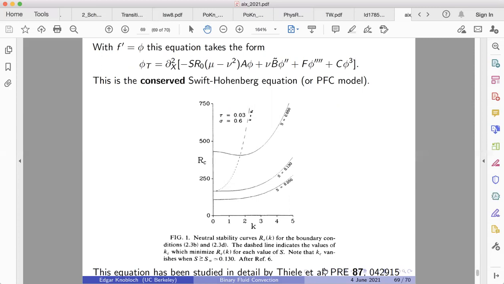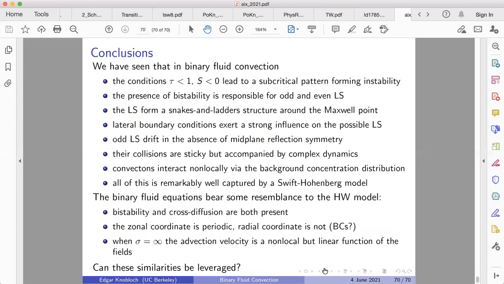Now, this is one of the very few examples that I know where you can take Navier-Stokes and get this kind of simplified system that exhibits localized solutions. It might be interesting to think about doing some similar calculations for some of the plasma problems that people in the audience are interested in.